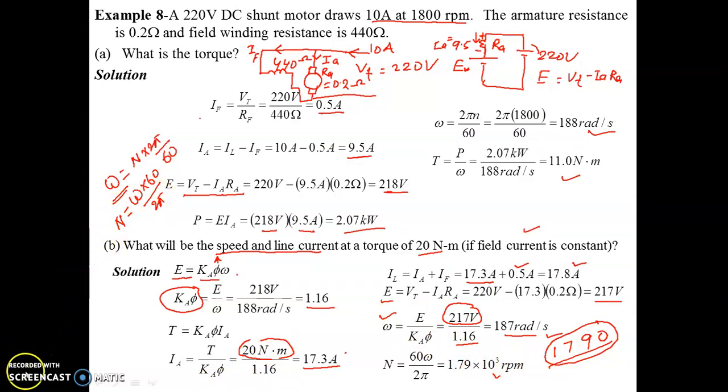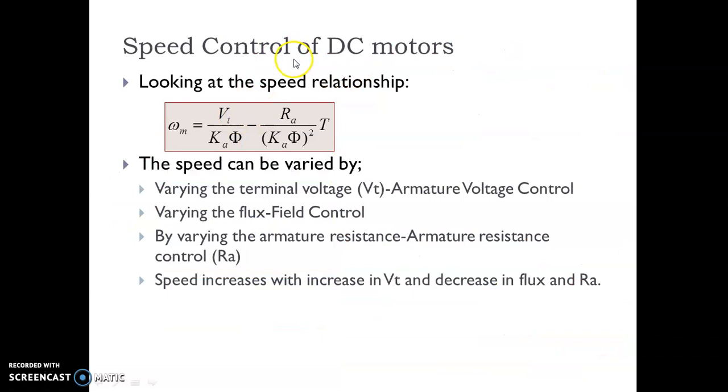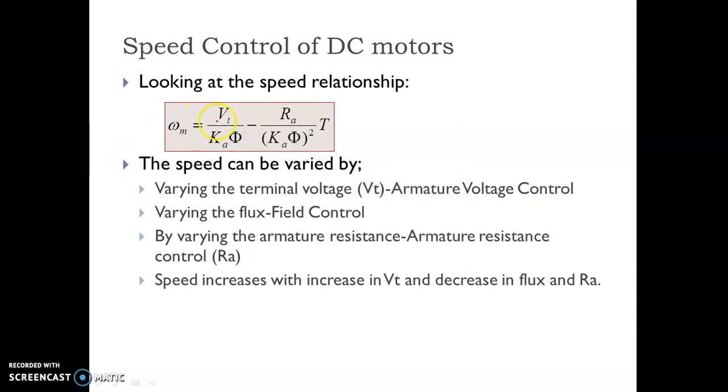Okay, now in the next part of the video I will discuss the speed control of the DC motor, how we can control the speed of a DC motor.